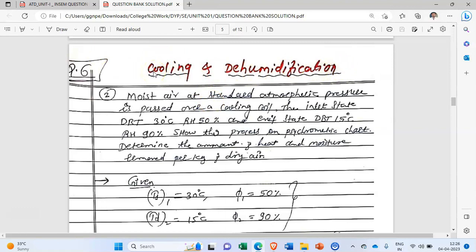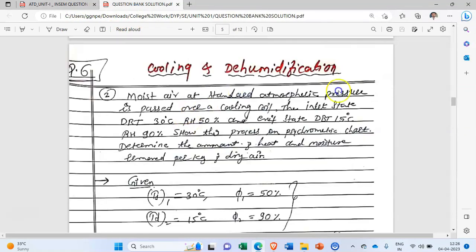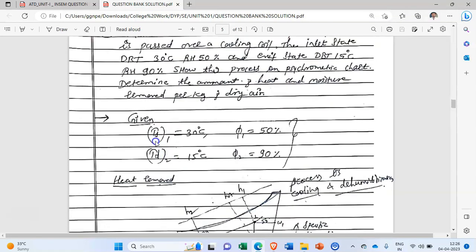Already we have discussed the different psychrometric processes, and cooling and dehumidification is one of them; this question belongs to that process. Now what is given in this question? Dry bulb temperature TD1 is 30 degrees Celsius and phi1 is 50%.